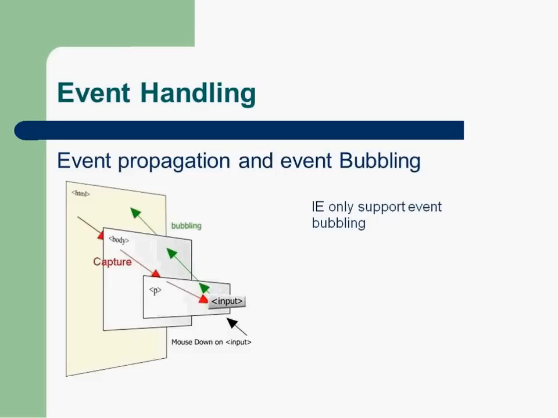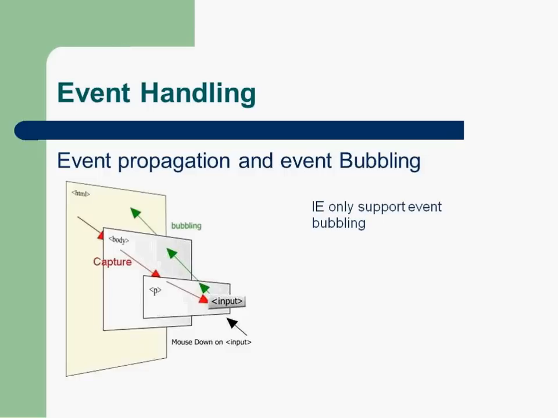In Mozilla-based browsers, it does two things. First, from the HTML level, on the topmost level, it goes to the next level element, then the next level element, and then reaches the final, innermost element. That is just the opposite of what IE is doing.